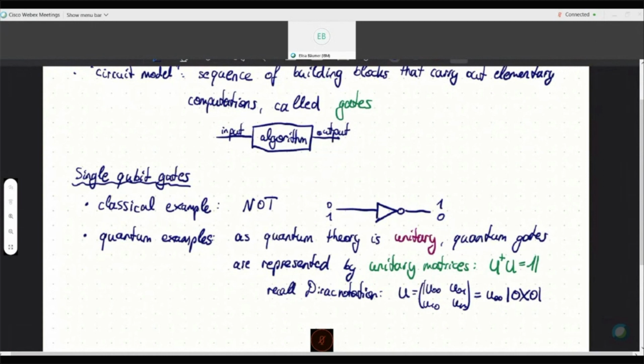This gives us this element, because a ket 0, bra 0 gives a matrix that looks like this. Then I have plus U01 times |0><1|, which gives us this matrix, plus U10 times |1><0|, plus U11 times |1><1|.